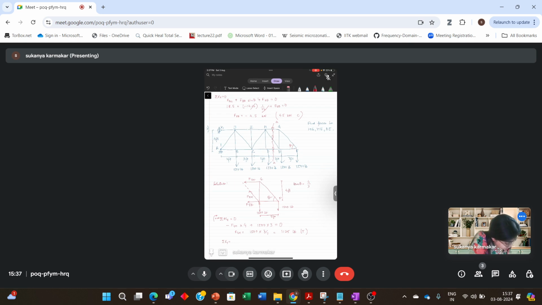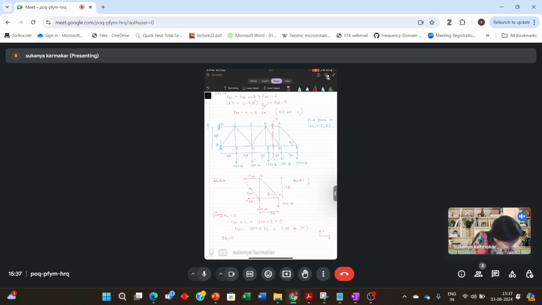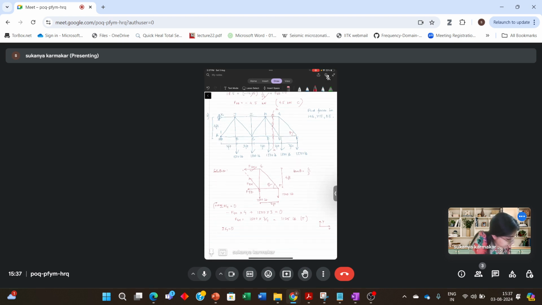Then you can do summation of force in the vertical direction to be 0. Let's take this y as the positive direction, this x as the positive direction. My motive is, this force is calculated. Now if I do summation of Fy equal to 0, the only unknown appearing in that equation will be FEH, because FED is a horizontal force.